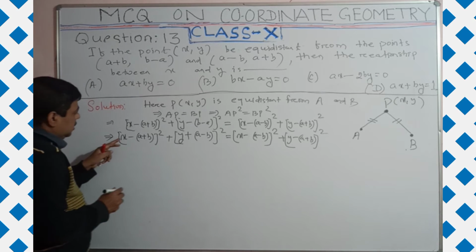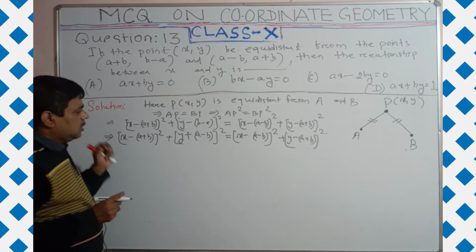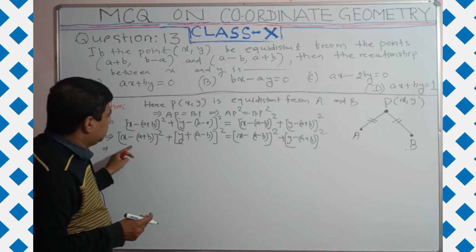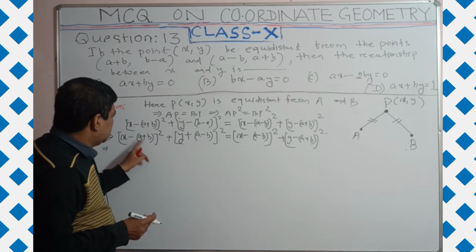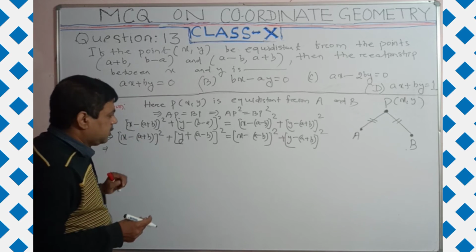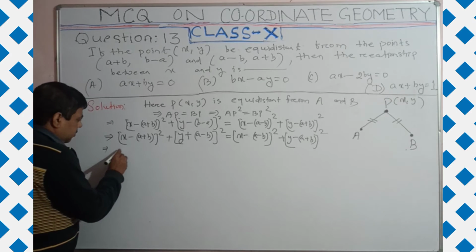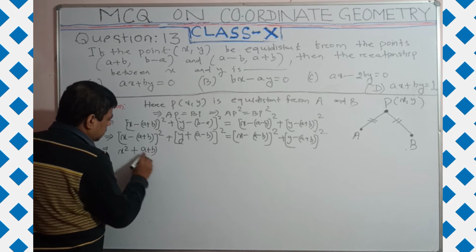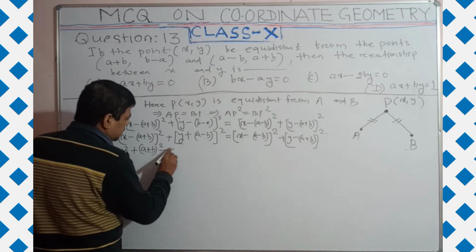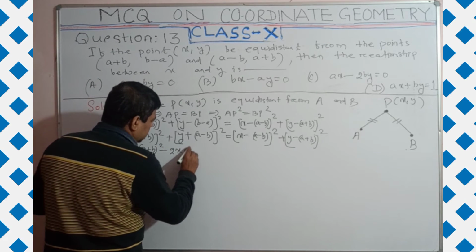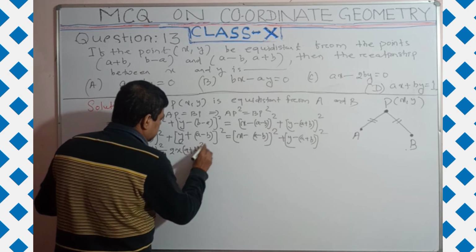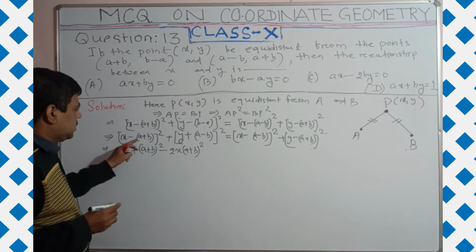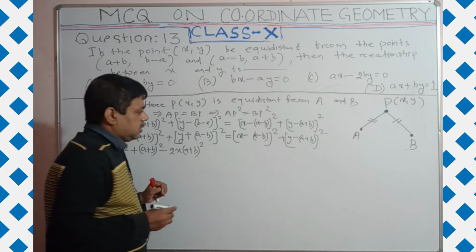Can you use the formula of (A - B) whole square? Here the first term is x and the second term is (a+b). So first term square, x square, plus second term square, (a+b) square, minus 2 into first term into second term. Using the identity (A - B) whole square is A square plus B square minus 2AB: first term square plus second term square minus 2 into first term into second term.